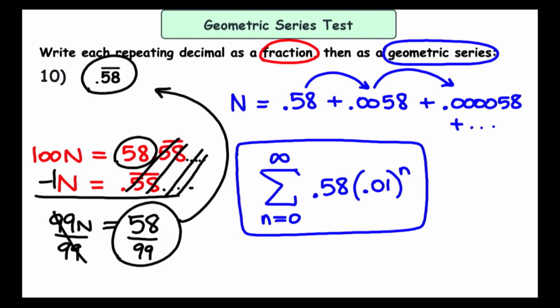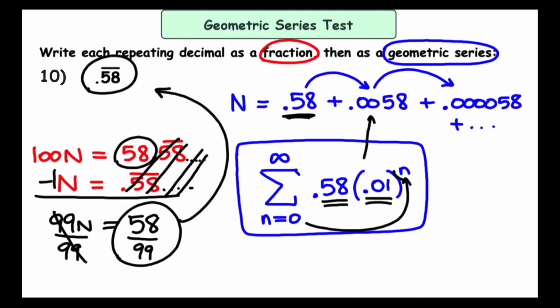If I put a 0 in, what would happen? Well, 0.01 to the 0 is just 1, so I get the 0.58, and yeah, that's what I want. If n is 1, then it becomes 0.01 to the first times the 0.58. That's going to give me this, 0.0058, and so on and so on.